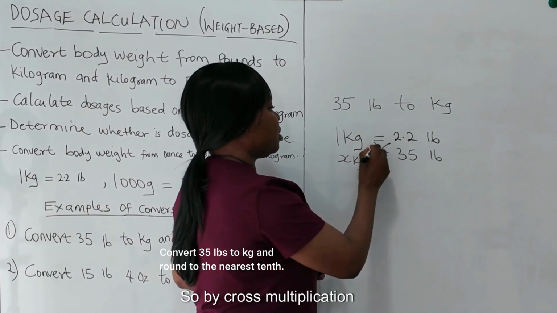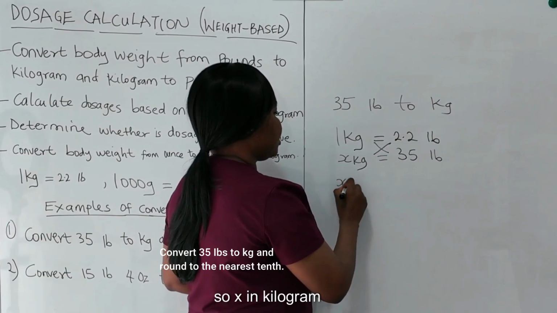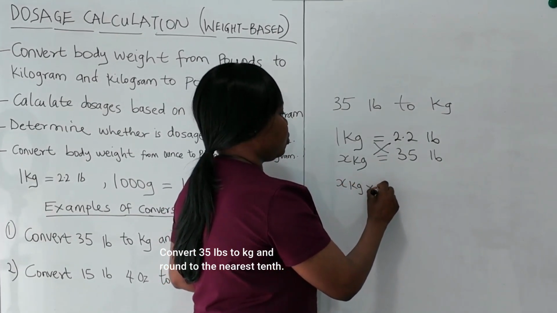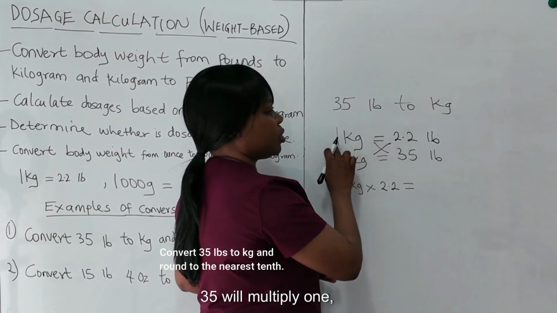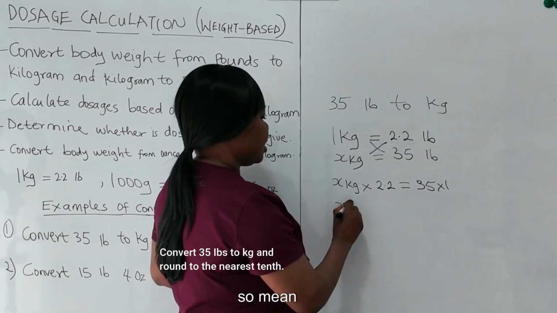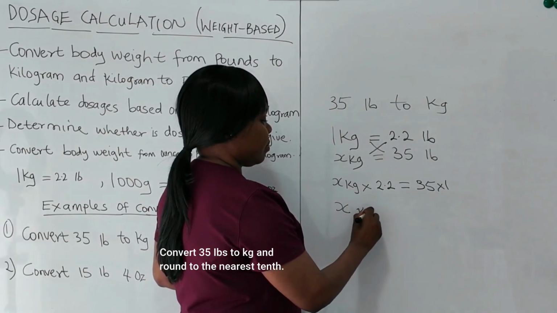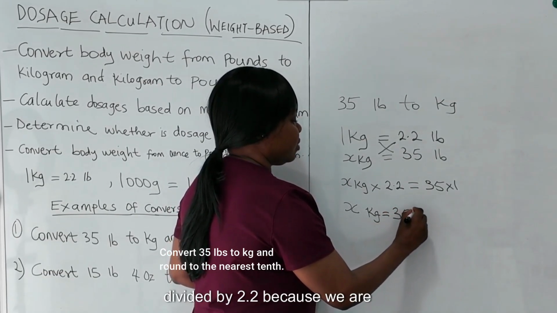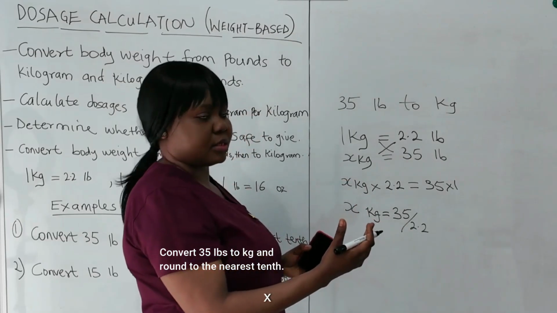By cross multiplication, it means x in kilogram will multiply 2.2, equals 35 multiplied by 1. So x, which is going to be in kilogram, will be 35 divided by 2.2, because we are dividing by anything attached to x.